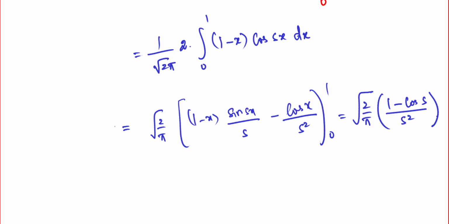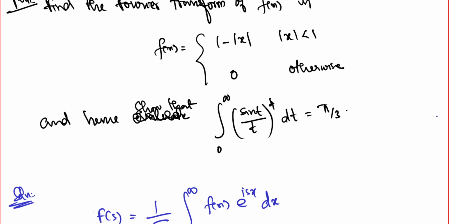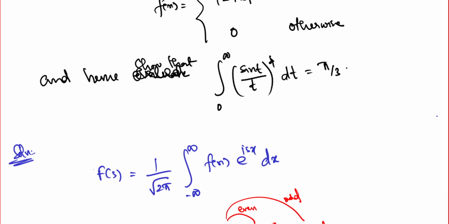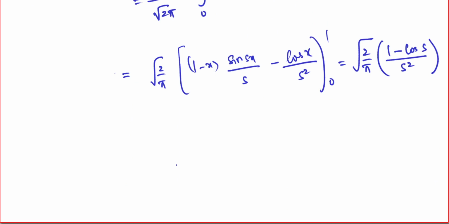So what I want to evaluate was, of course, if the question was simply to find the Fourier transformation, the question ends over there. But I want to evaluate something which is purely in sine. So I want to change this answer purely into sine.